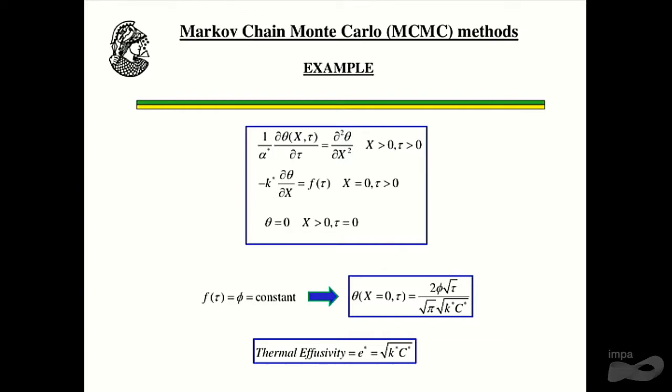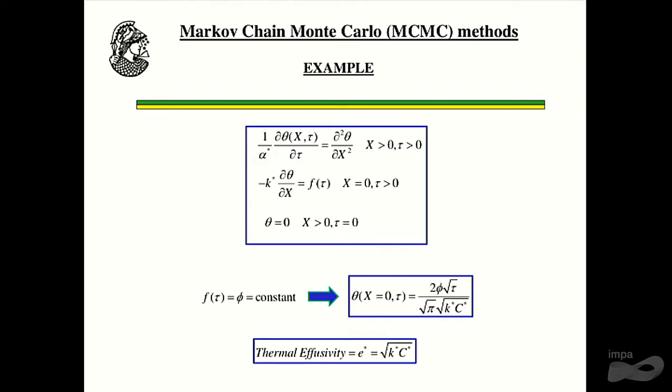But by only taking measurements at the surface, we know that it's impossible to obtain both the thermal effusivity and the heat flux. But from the Bayesian point of view, my solution has two parameters, and I need to provide priors for both parameters.